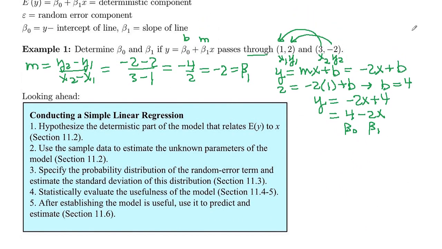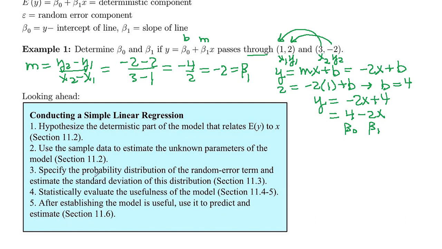So looking ahead here, what we want to do is we want to find the probabilistic model, or the linear regression line. So what we're going to do is we're going to hypothesize what the deterministic part of the model looks like. So it looks like beta 0 plus beta 1x up here. And then we're going to use the sample data to estimate our unknown parameters of the model. So we're going to estimate the y-intercept and the slope from the sample data.